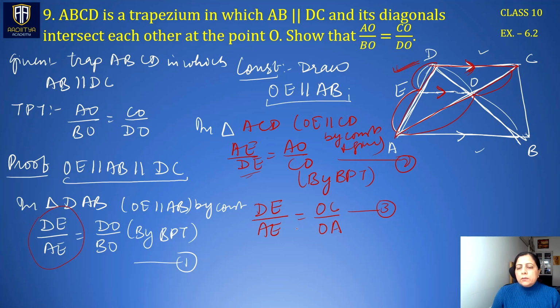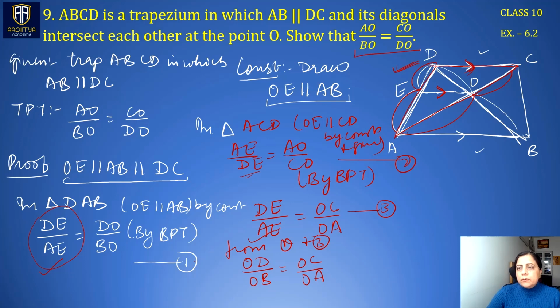Let this be equation 3. Now you can see from equation 1 and equation 3, this DE over AE is common. So from equation 1 and 3, we can equate these two things. So we write OD upon OB is equal to OC upon OA. Right? This is what we have derived.